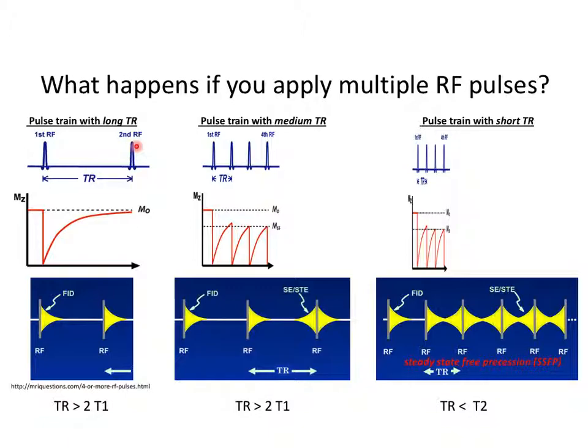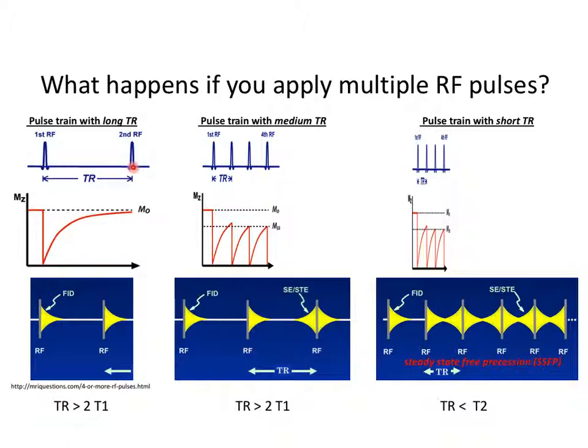There is a way of using your time more efficiently in MR when you're forced to use a long TR. While you're waiting around for this magnetization to recover, you can go off and image another slice. Because remember, these are slice selection acquisitions.